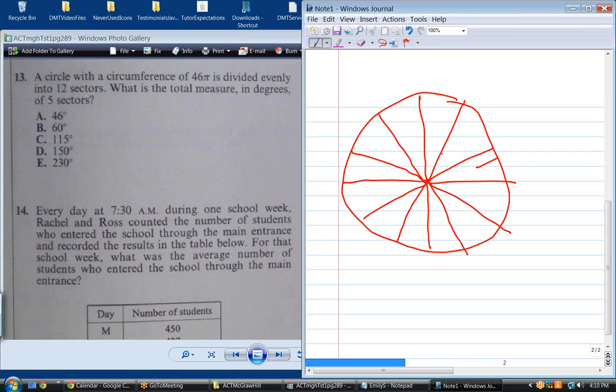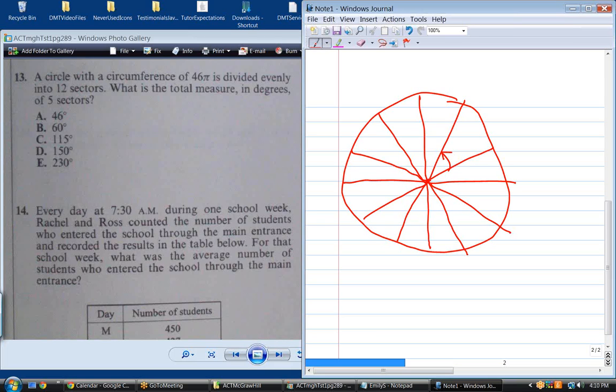What's the angle of each sector? Do we use the equation to find pi? No. That's what's interesting about this problem: the circumference is completely unnecessary. We do not need that 46 pi number. It has nothing to do with the problem.